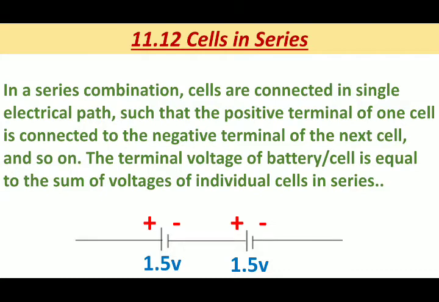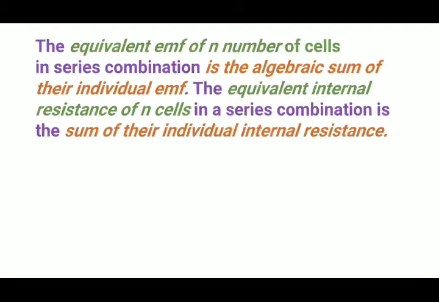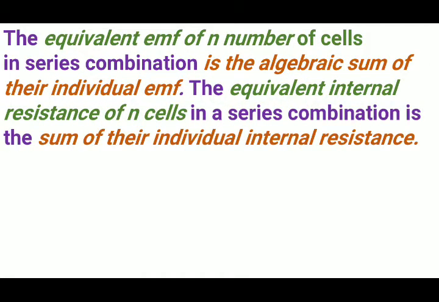As we have connected the cells in series, we have found that the equivalent EMF of n number of cells in series combination is the algebraic sum of their individual EMF, and the equivalent internal resistance of n cells in a series combination is the sum of their individual internal resistance.